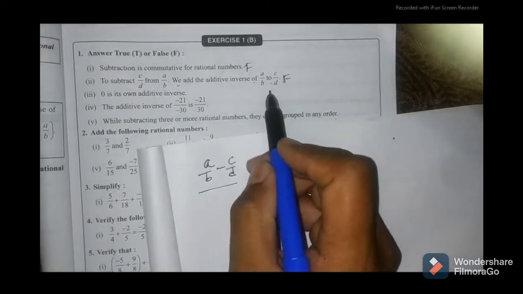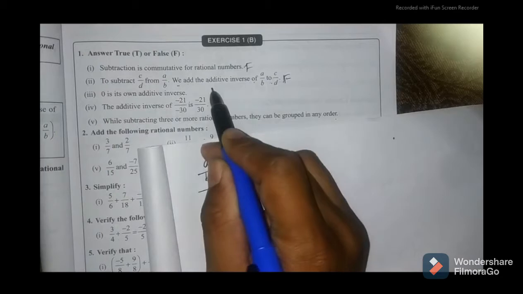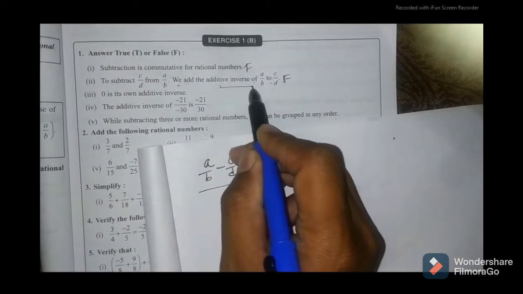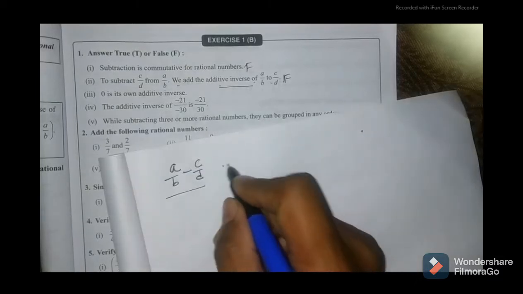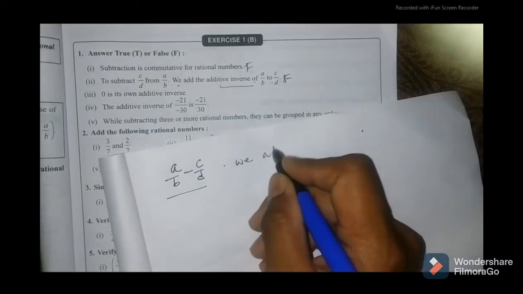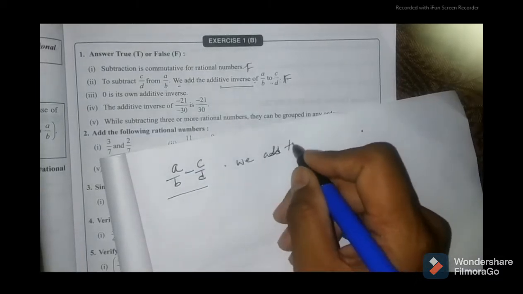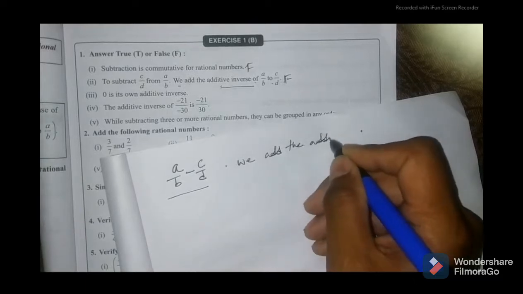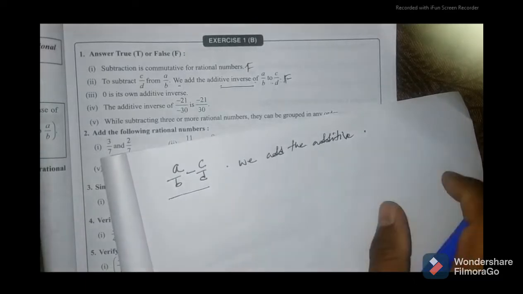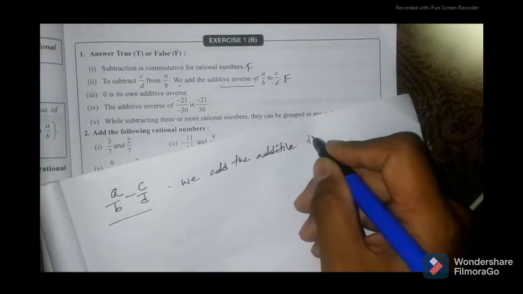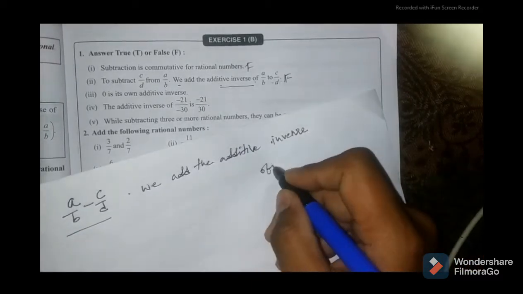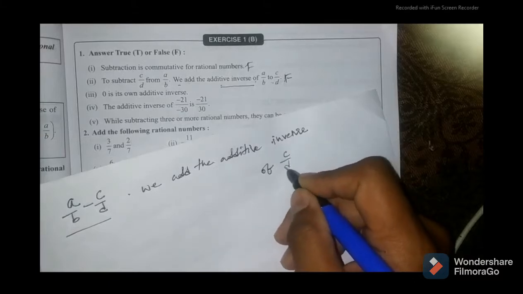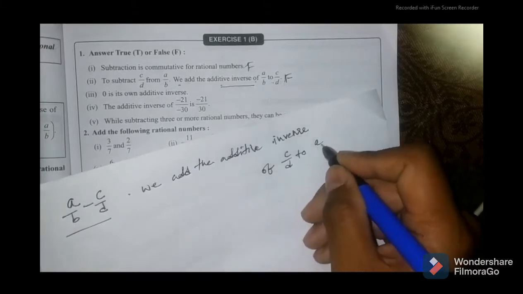This sentence is not correct. The correct sentence should be: we add the additive inverse of c by d to a by b.